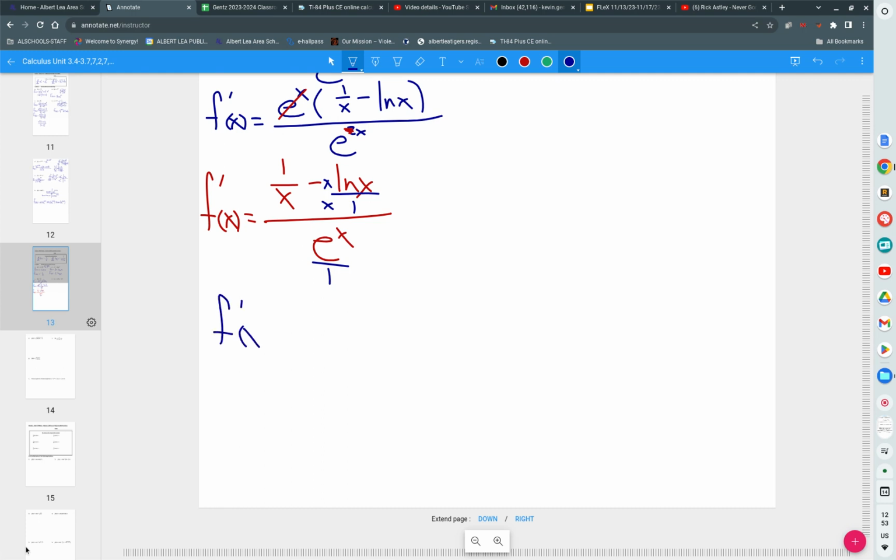So now we have the derivative is equal to, what's the top numerator? 1 minus x natural log of x over x over e to the x over 1. Great. So now I have my 1 fraction over 1 fraction. I multiply by the reciprocal. And when you do, notice that e to the x will simply just join in the denominator. The answer is 1 minus x natural log of x over x e to the x.